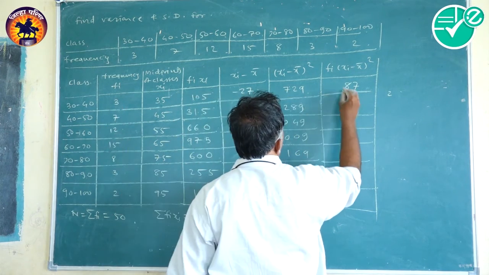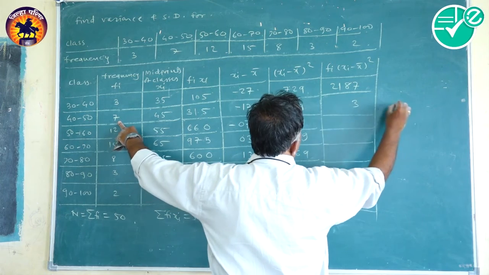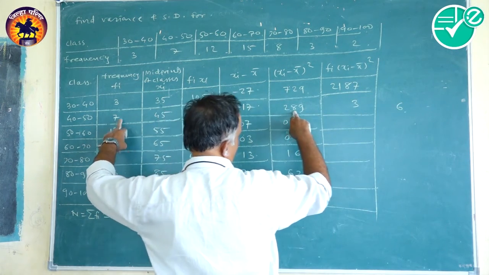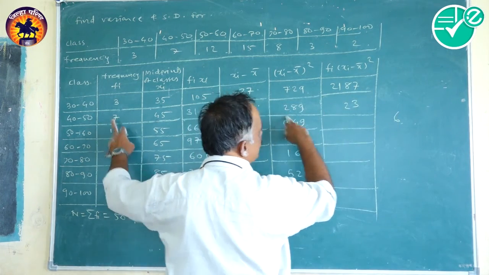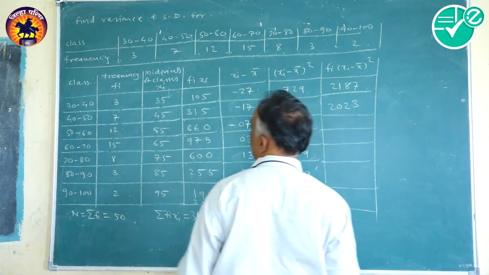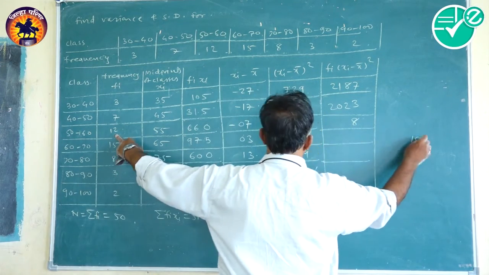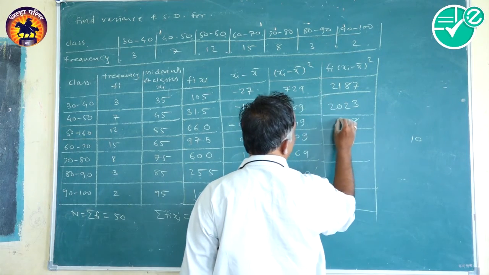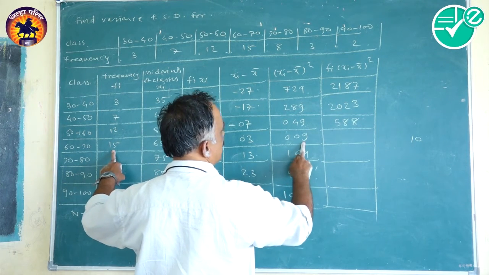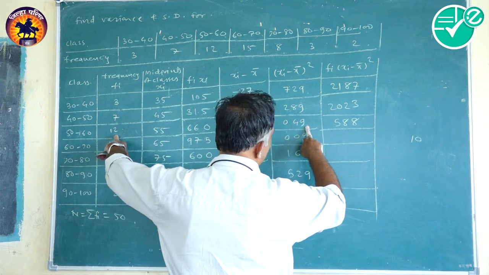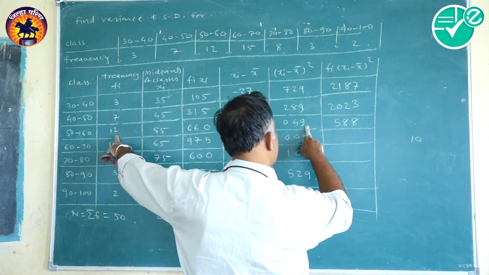Yes, quite correct. 3 into 7, 21. 7 into 289, 7 9 63, carries 6. 7 into 8, 56. 56 plus 6 that gives you 62, carries 6. 7 into 2, 14. 14 plus 6 will be 20. 12 into 9, 108, carries 10. 12 into 4, 48 plus 10 that will be 58. 12 into 9, 108 carries 10. Okay, that's correct.